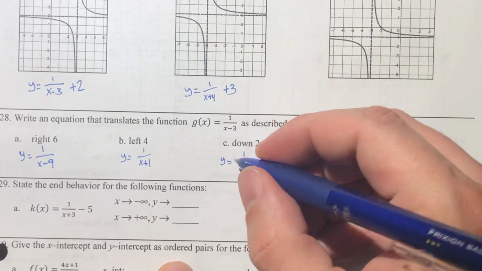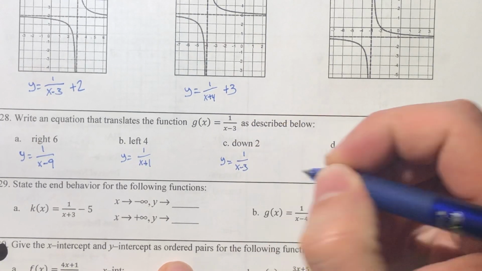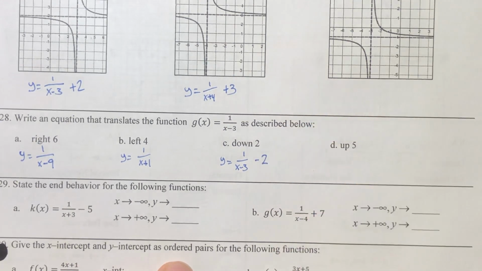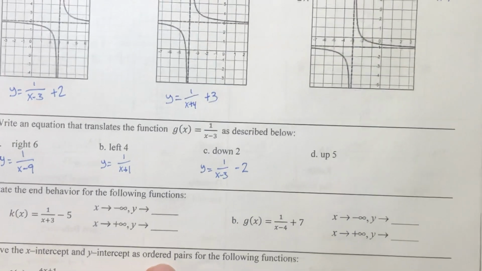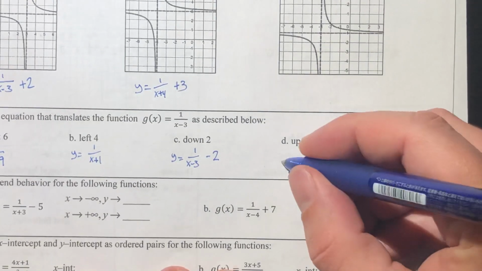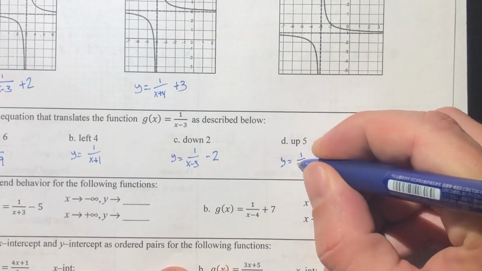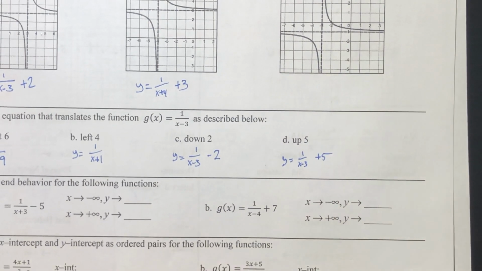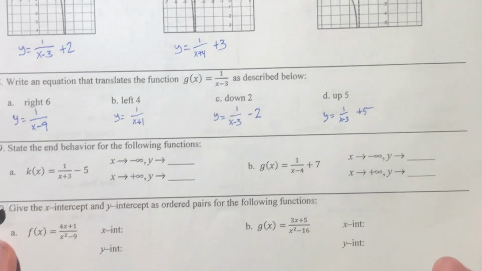So to move down 2, the denominator will stay the same as x minus 3, but then down 2 is going to be, afterwards, minus 2. To move up 5, it's going to be a plus 5 afterwards.